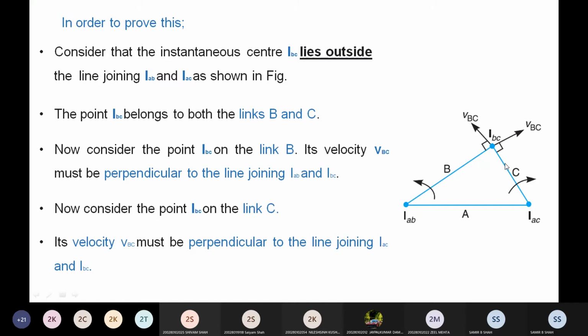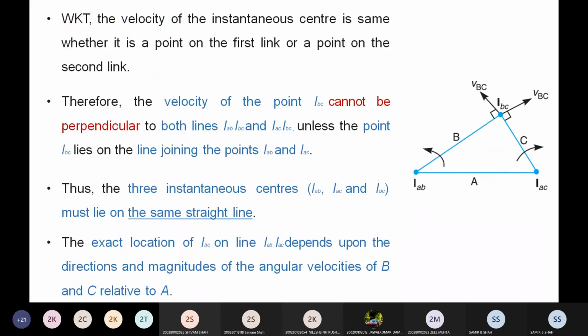Meaning, for the line of link C, what will happen there? Again, if IBC is on point C, then definitely VBC and VAC are perpendicular to link C. The velocity of an I center is the same whether it is a point on the first link or a point on the second link.